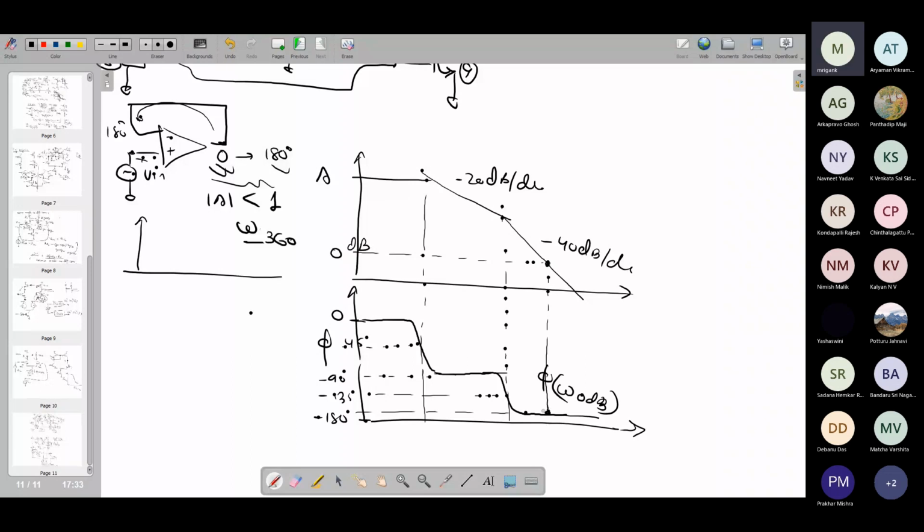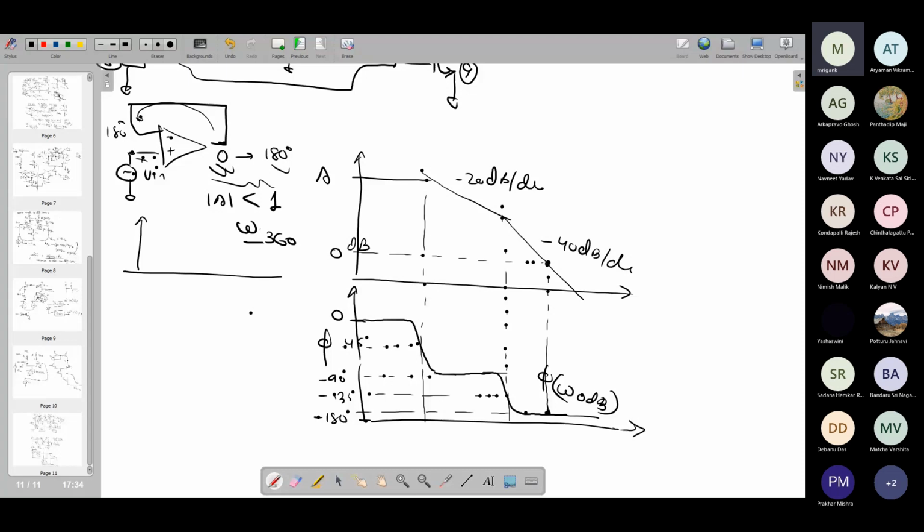And if the phase has already reached 180 degree at omega equal to 0 dB, your phase margin is very less, because the condition was that at the frequency where the overall loop phase becomes 360 degree, the gain should be less than 1 for stability.